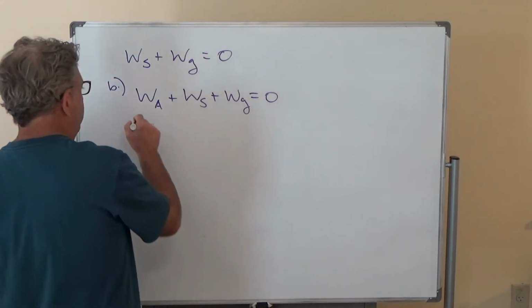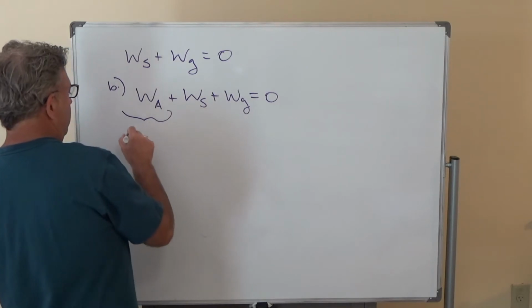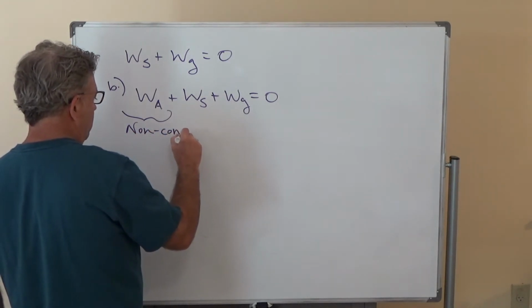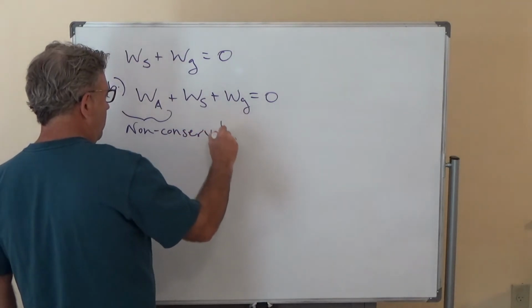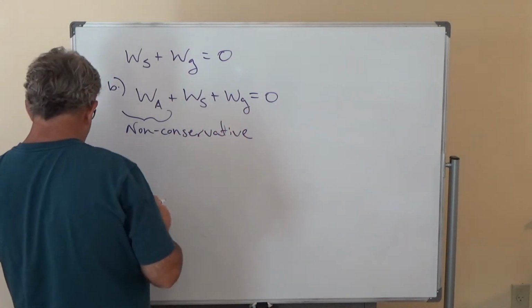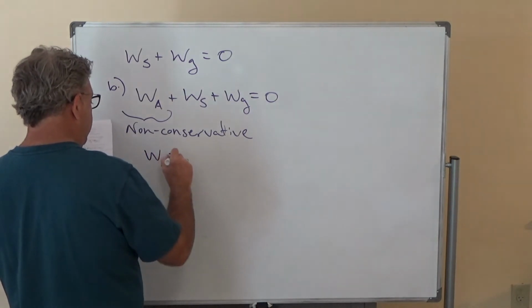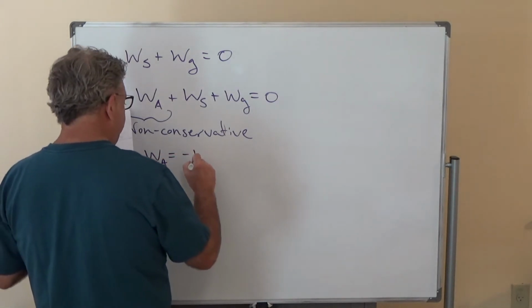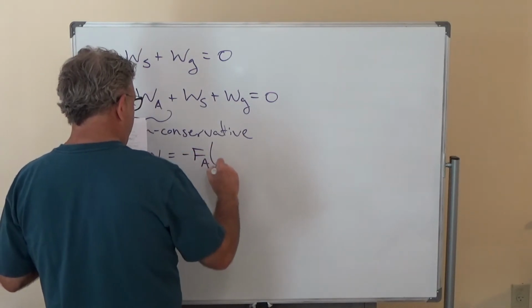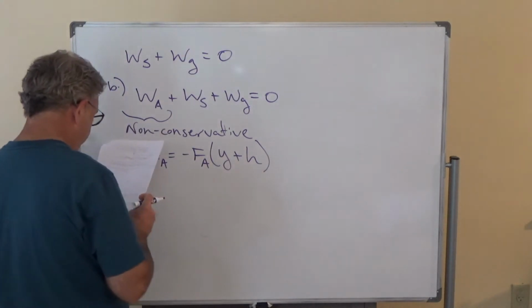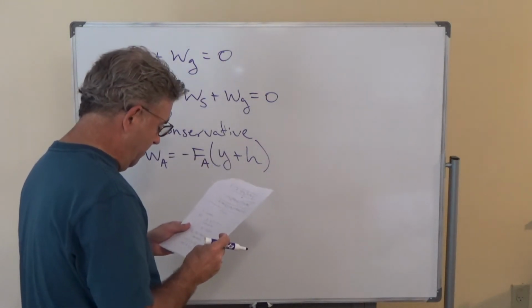This is non-conservative. It's a long word to write. The work done by air resistance is equal to negative F_A times (y plus H).